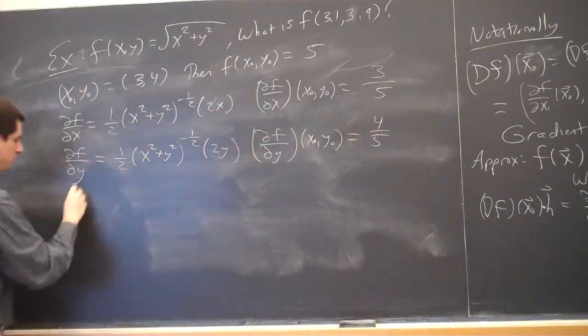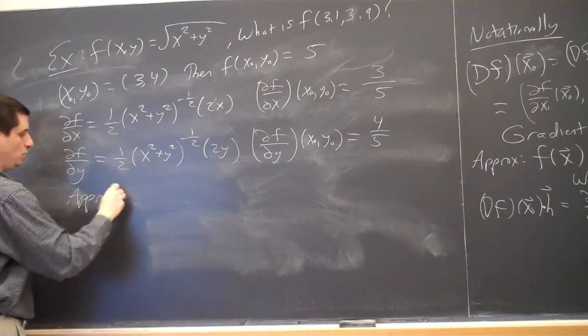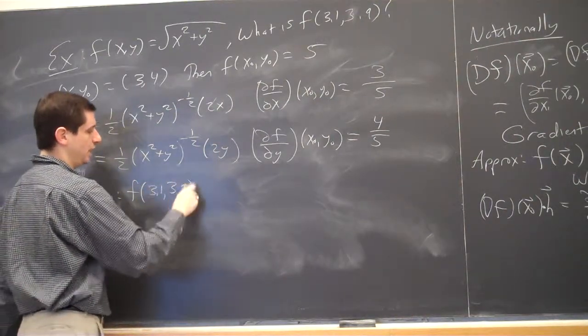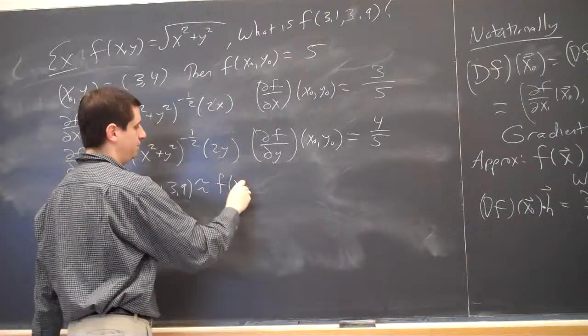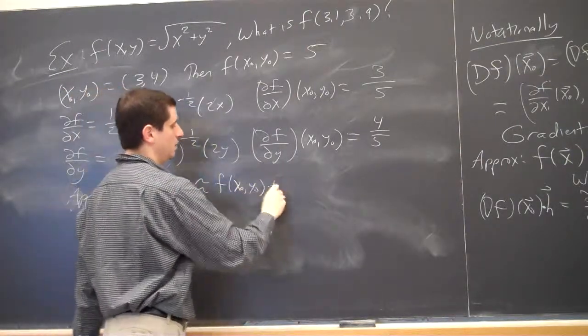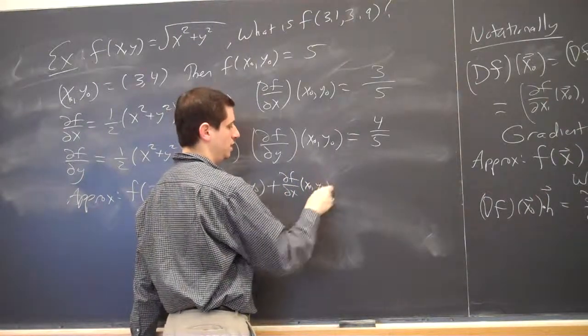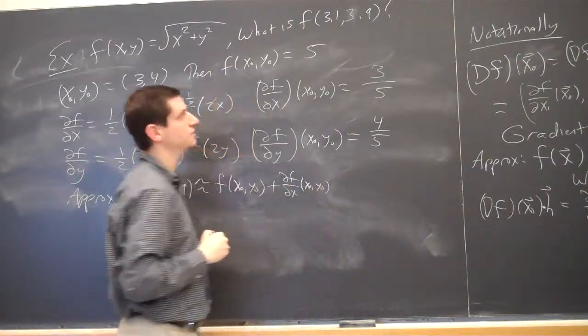Alright, so the approximation would be f of 3.1, 3.9 is approximately f of x naught, y naught plus df dx at x naught, y naught times the change in x. What's the change in x?